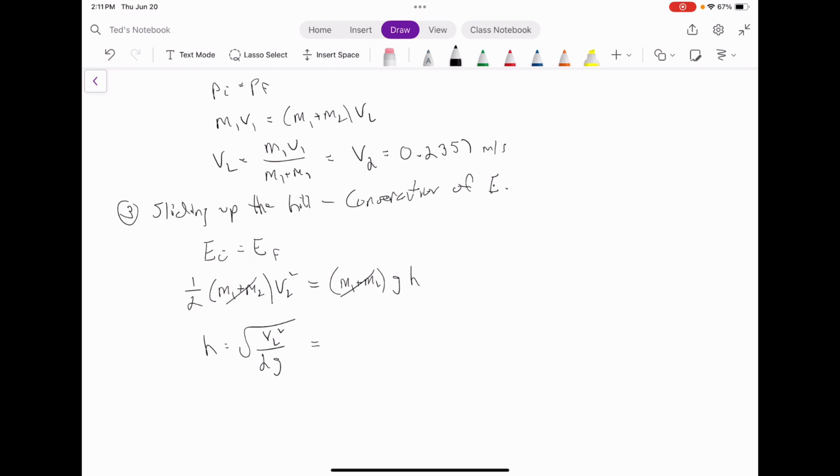So the answer is 0.0532 meters, which is 5.32 centimeters is how high it'll go up the hill.